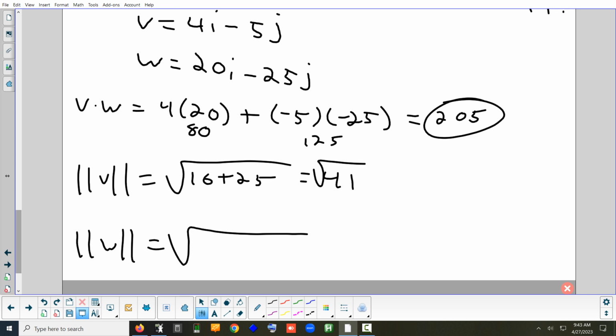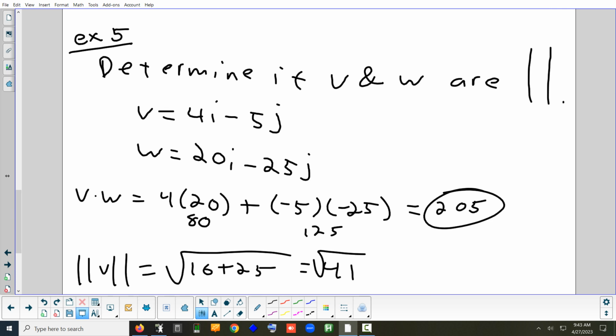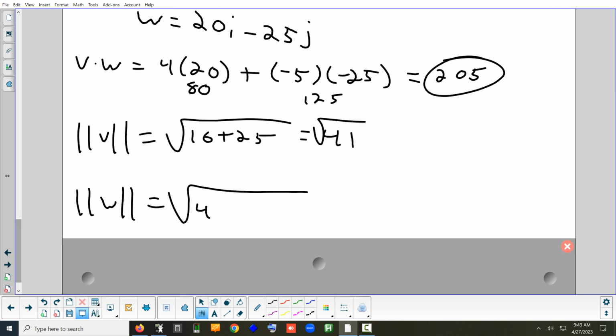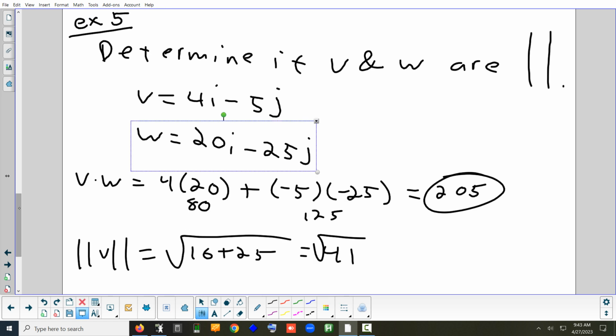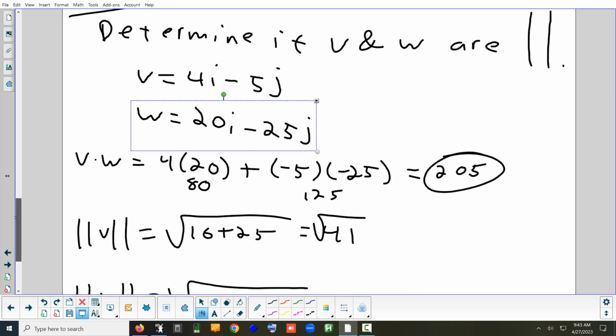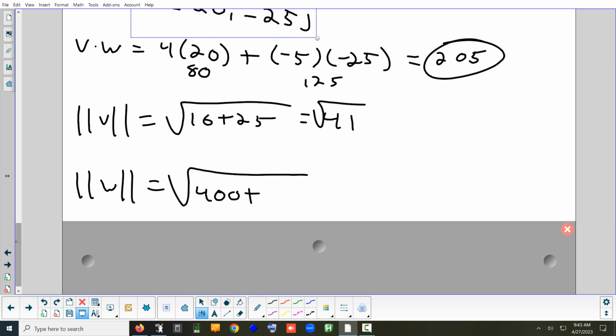That has a length of square root 41. 20 squared, 400. 25 squared, 625. So that has a length of square root 1025.